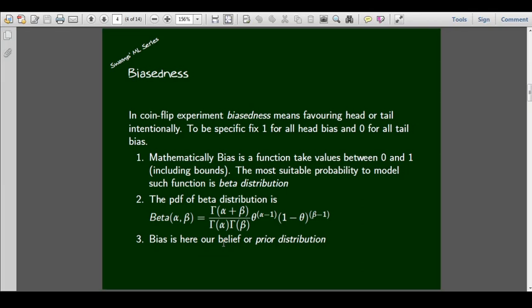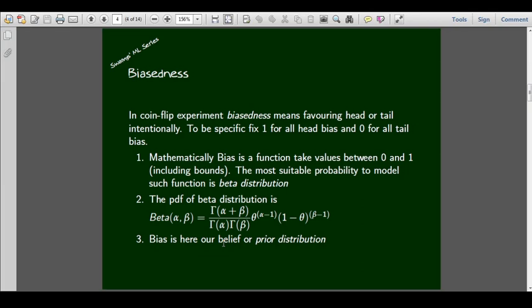The instrument should be unbiased. If you are tossing a biased coin, then automatically it leads to some biased result. So unbiasedness is an important characteristic that we need in a particular coin for coin flipping experiment. Okay. So the bias is our previous knowledge or prior distribution or a belief.